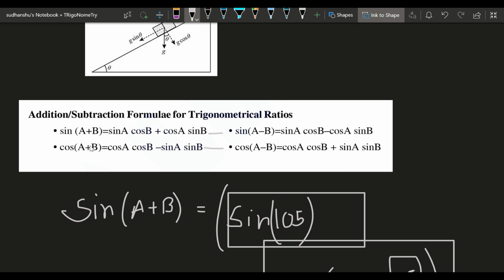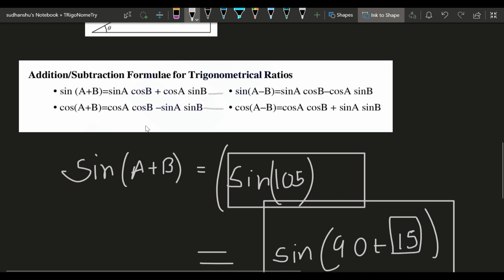Though you don't have to use it directly. Believe me, you never have to. Maybe I haven't seen cases where it has been used directly, because you can make cases in questions where this formula is used, but I have never seen them used directly. But still, if you are a JEE student, or at least if you have math as a subject, you will study trigonometry, and in that you'll remember this.